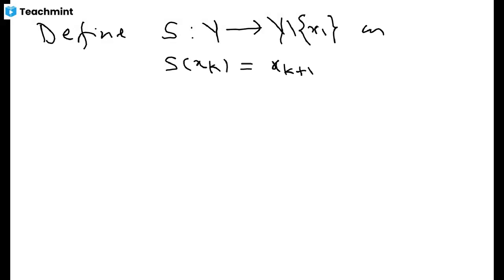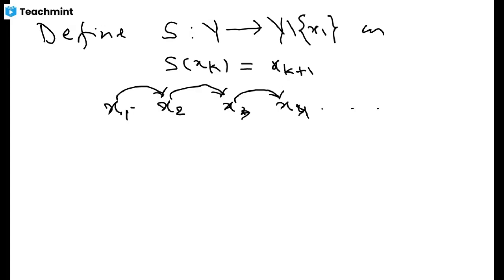So what we are doing is shifting everything right by one step. Let me first write the elements x1, x2, x3, x4. By definition, x1 is shifted to x2, x2 is shifted to x3, x3 is shifted to x4. Everything is shifted to its right by one step.